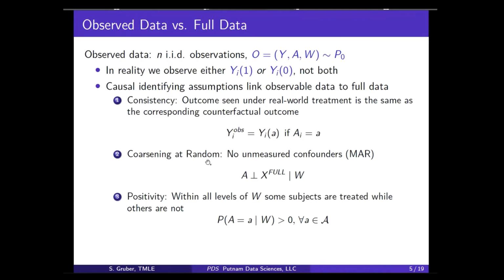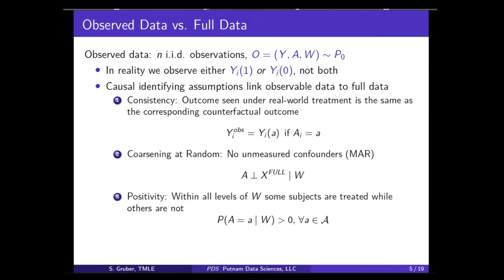The next assumption is something called coarsening at random, and basically you can just think of this as no unmeasured confounders, and it's very closely related to missing at random. So we need to measure the confounders for this to work. And then finally, we need what we call the positivity assumption: within all levels of the people, within all people, we need to have some of them treated and others not.